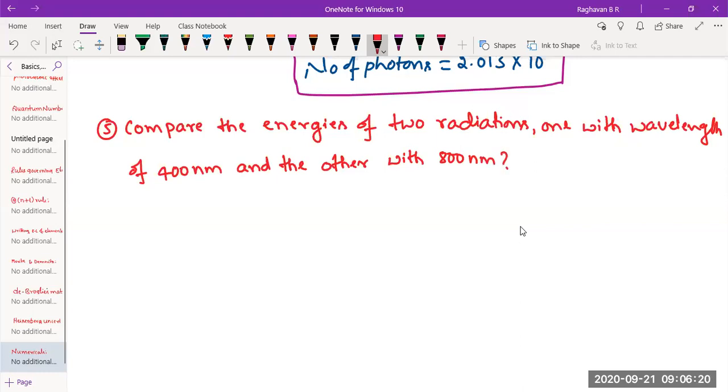Generally, when you say compare energies, you will take the ratio of one photon to another. You can call the first photon energy E1 and the second photon energy E2. Take the ratio, that's all.